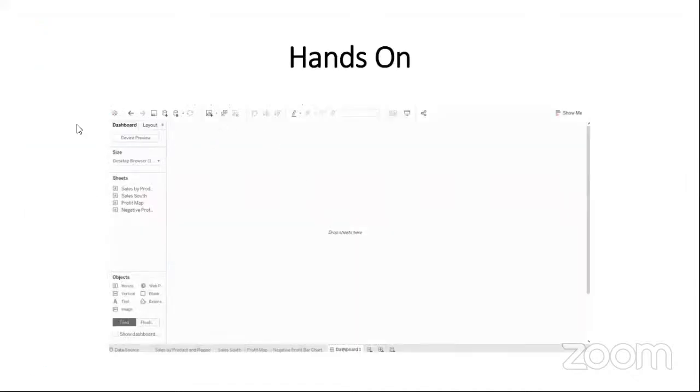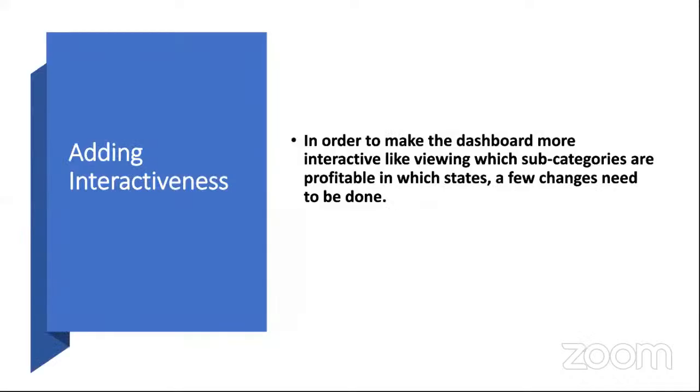This is the dashboard scenario, and all the sheets we created, for example, sales by product, sales south, profit map, negative profit, everything will be here in the dashboard. And we can simply drag and drop those sheets, as many sheets as we want. So getting an analysis of 5 sheets, 10 sheets, or any other number of sheets is done very effectively by aligning them into a dashboard. So this is all the interactiveness that Tableau allows you.